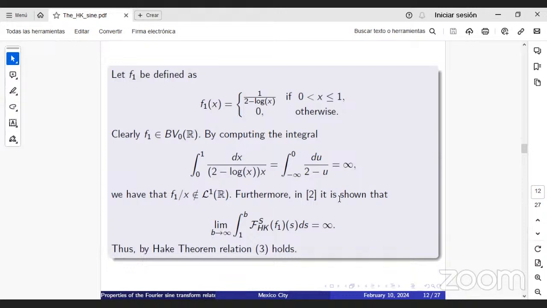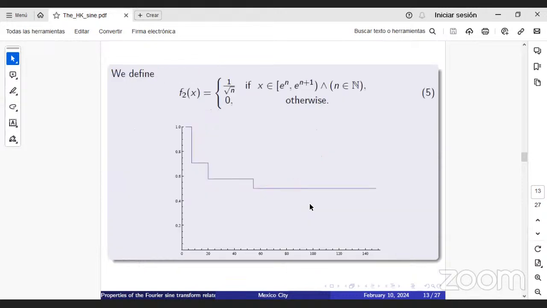Furthermore, Alfredo and Arredondo showed that the limit diverges. We define the function. The graphic of the function is as follows: a step, crescent function, a typical function in the theory.